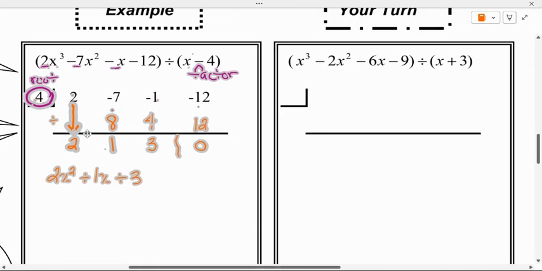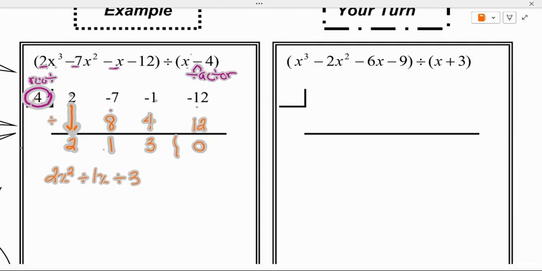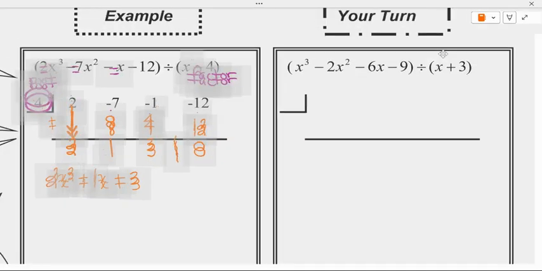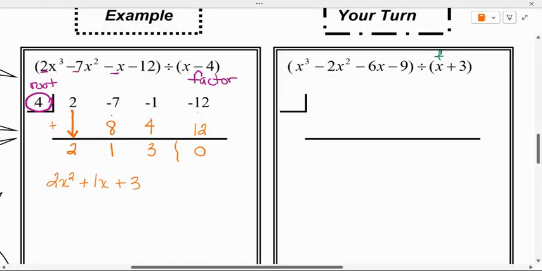Let's try it again. So if my factor is x plus 3, what is my root? It's negative 3. Yep. So I'm going to put a negative 3 here. Okay. So leading coefficients. What is the leading coefficient of the first term? 1.